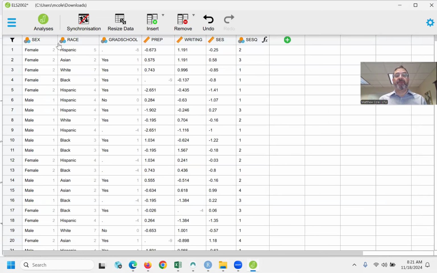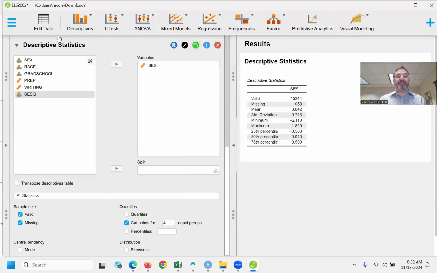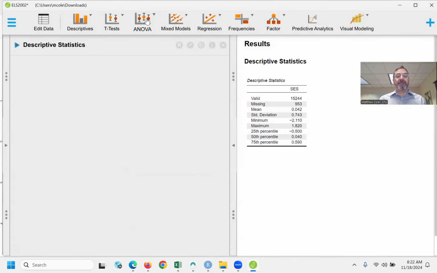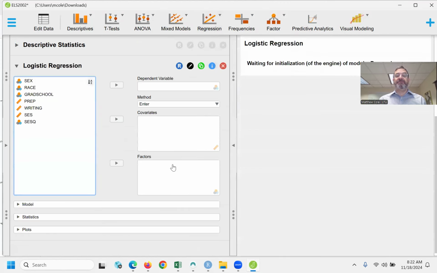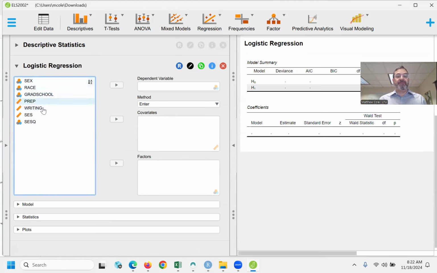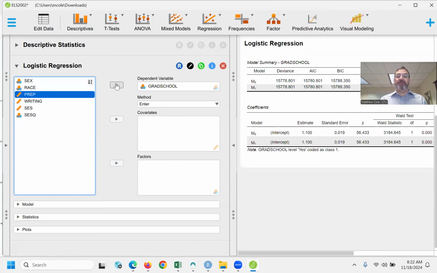Analyses, regression, logistic regression. Now let's put in grad school as our dependent variable.